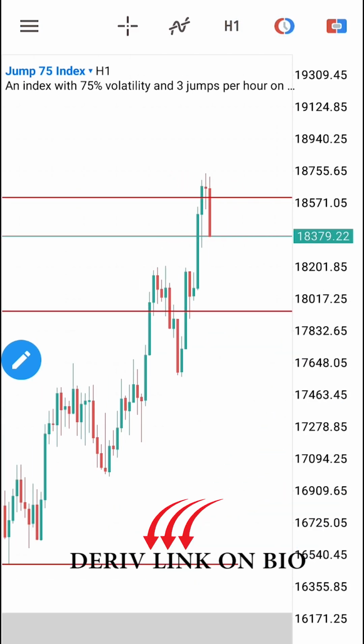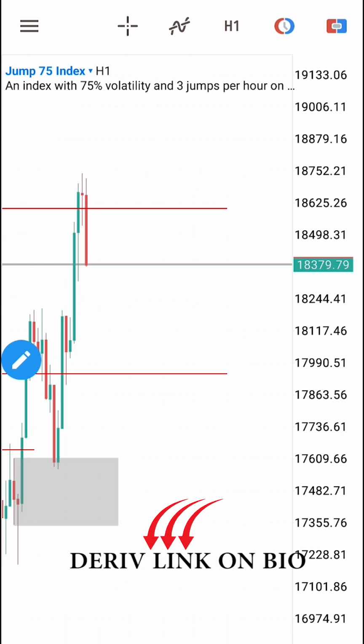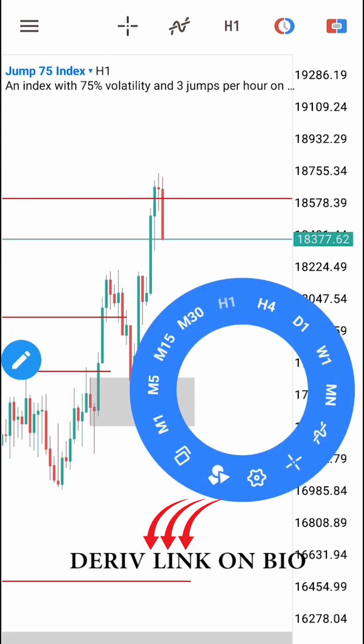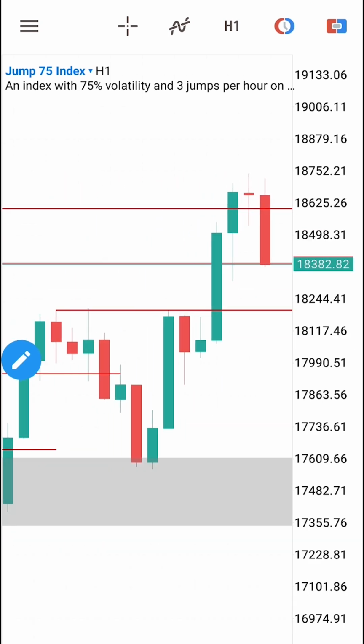So now check out how price broke structure there. That aggressive move as it broke structure there, forming that imbalance. So when it returns to the 1 hour order block, it will fill the imbalance before the order block. So you see the move there, and afterwards it shot up again to break structure, and look at how it broke structure again.